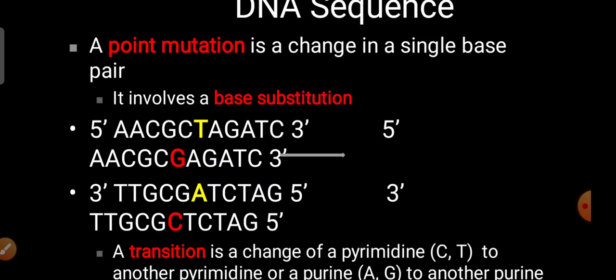Say, for example, A is substituted by C. Then AT pairing will change to CG pairing. So base pair substitution may bring about conversion of AT pairing into CG pairing or vice versa.